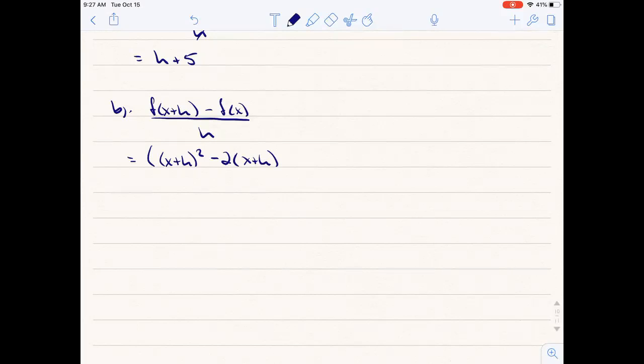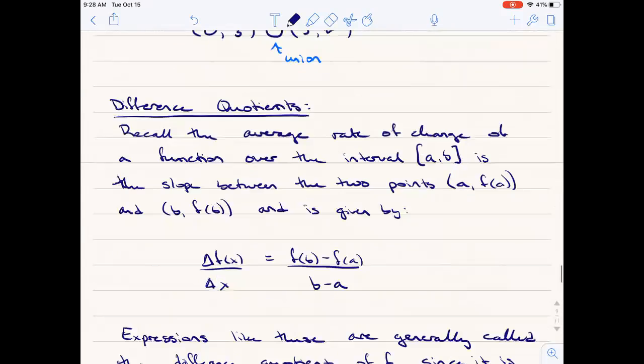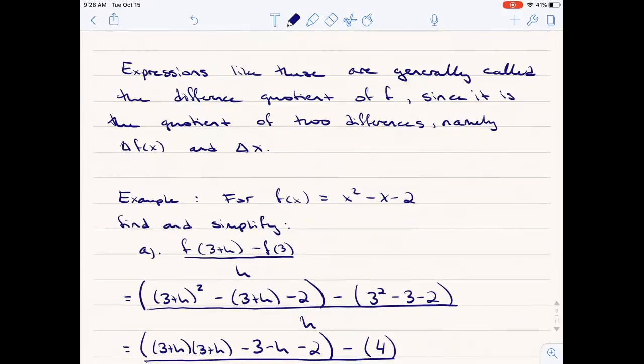Oh, I used that f of x. We're on to a different f of x, aren't we? Oopsies. Let's erase this just so I don't do that again.